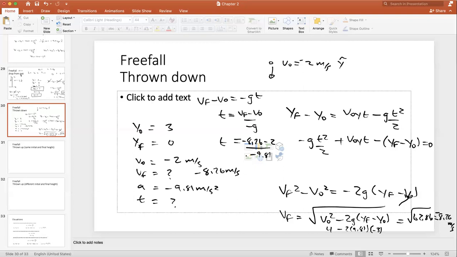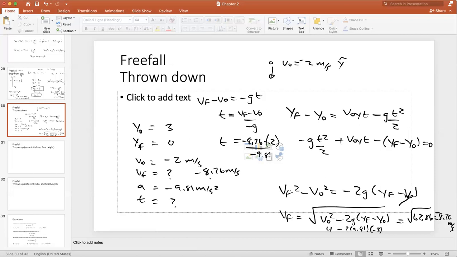Why is that not faster? Or did I get the time wrong before? Oh, because I'm dumb. This is minus 8.26 minus a negative 2. Sorry guys, I make the same mistakes everyone does. So I get negative 8.26 plus 2 is 6.26 divided by 9.81.